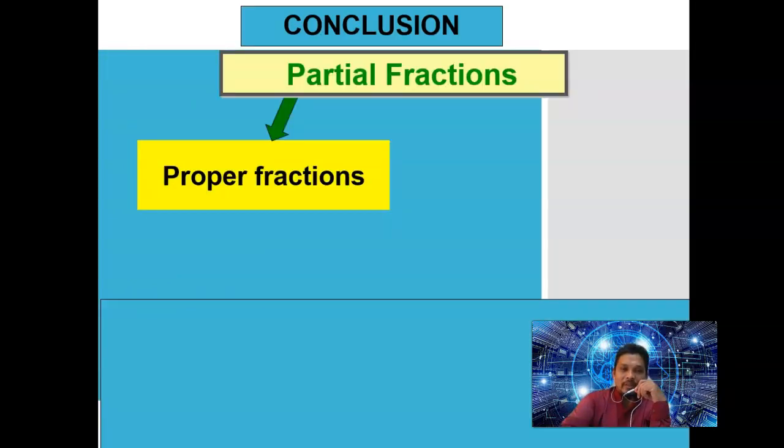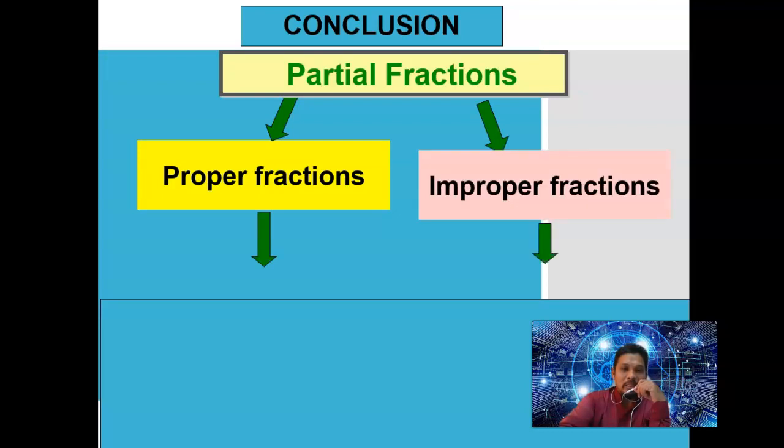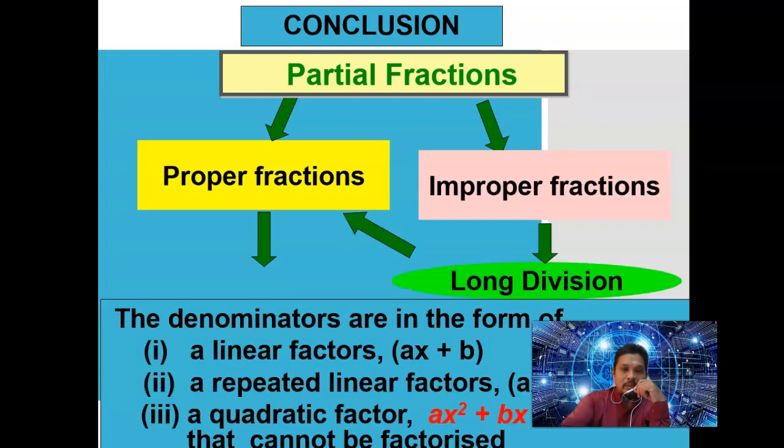So for a partial fraction, if it is a proper fraction, then we can simply form the partial fraction. But if it is an improper fraction, then we need to use the long division to form the proper fraction. Then we come up with the process of partial fraction.